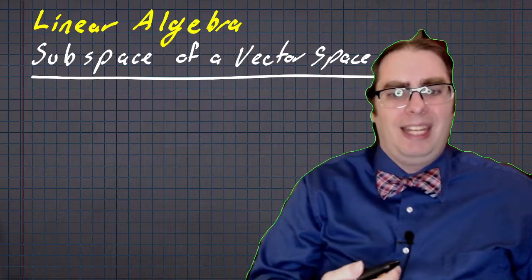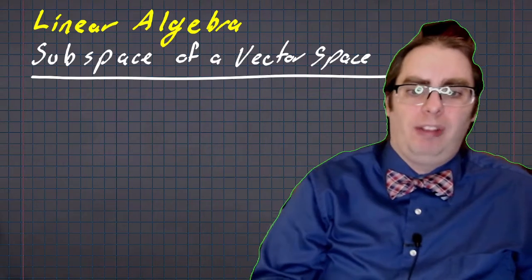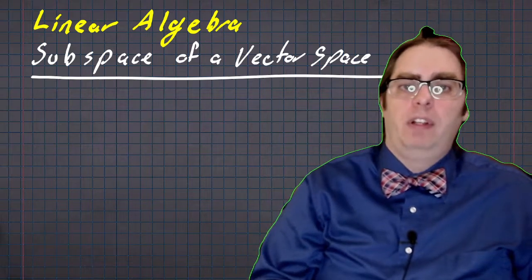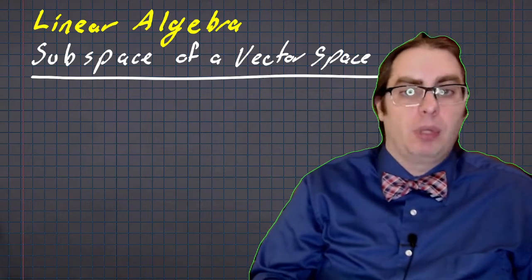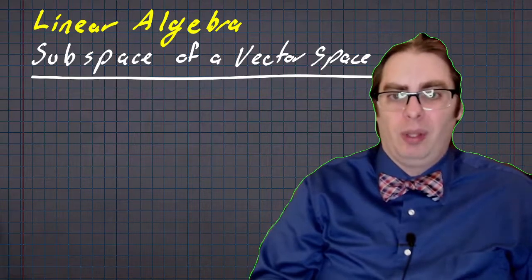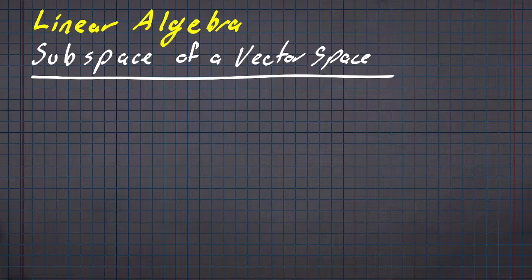So if we are inheriting operations from a set we already know is a vector space, we gain most of the properties of a vector space immediately without needing to go through them. So let me get my head out of the way. Let's formalize that definition and see what we can do with it.